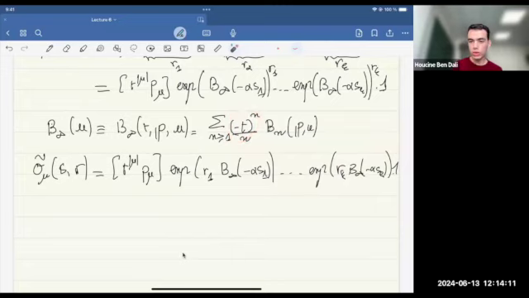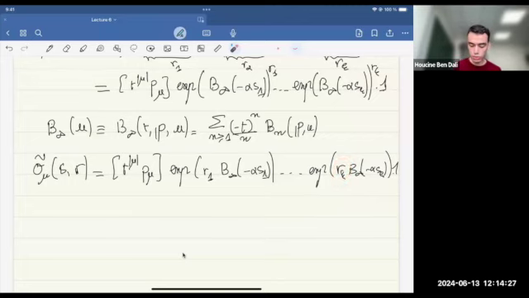Using the differential definition of these operators, we can check that everything is positive, and it is a polynomial in the Si's and also a polynomial in the Ri's, because they just appear in the argument of the exponentials.